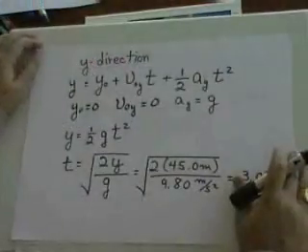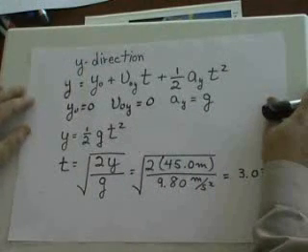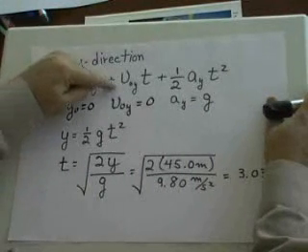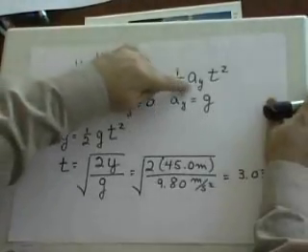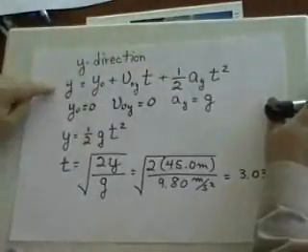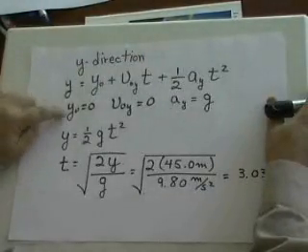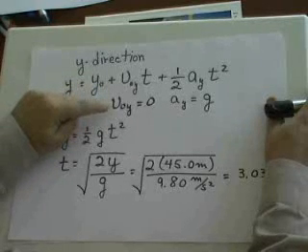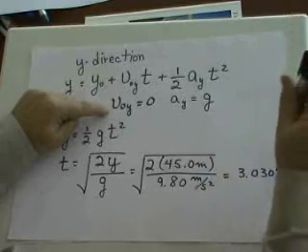Let's look at the y direction first. If we use the equation of motion for y, we get y equals y naught plus v naught y t plus 1/2 a y t squared. Now, we know that y naught is equal to 0 because that's where it started from. We know v naught y is 0 because he threw it horizontally. There was no vertical part to this throwing.